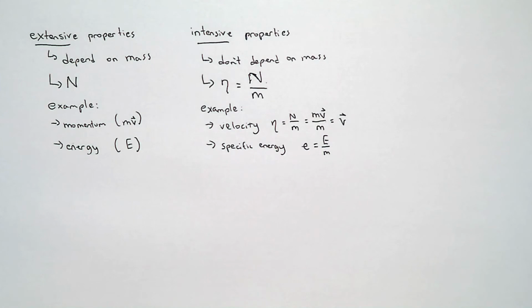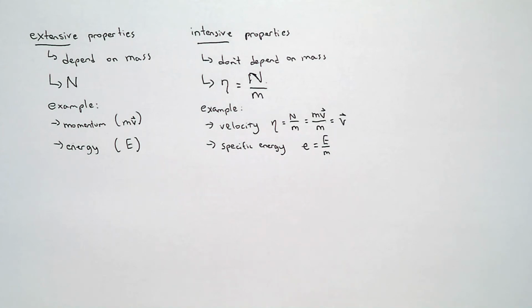Now be thankful that this is not a thermal class. However, we do have an entire week called conservation of energy, so we will look into these properties a little bit. But the reason I'm looking at extensive and intensive properties is because these will be important in our transformation from systems to control volumes, okay?